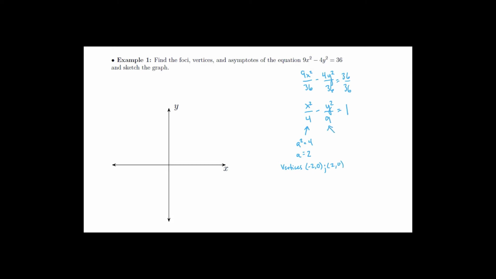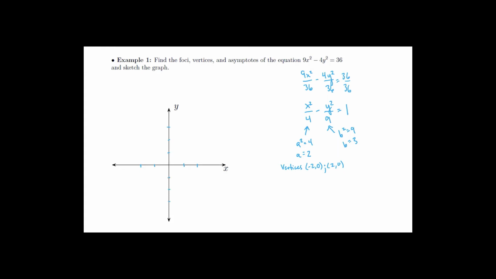And then I can see here that b squared equals 9, so then b is equal to 3. So I can make some notches here. We'll go ahead and go 1, 2, 1, 2, and then b is in going 1, 2, 3 in the y, and down 1, 2, 3 in the y.